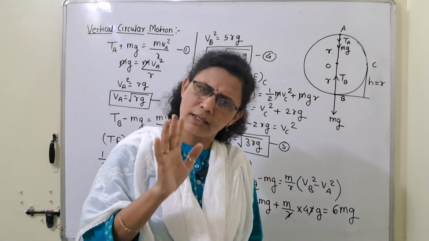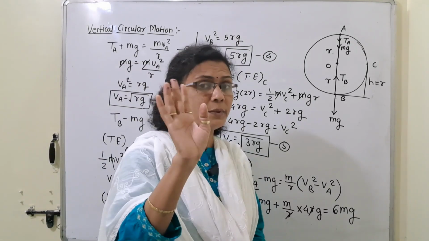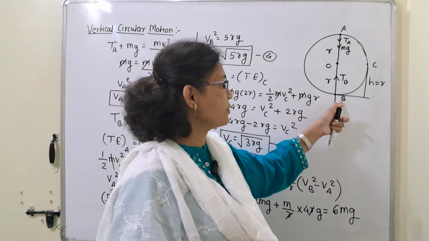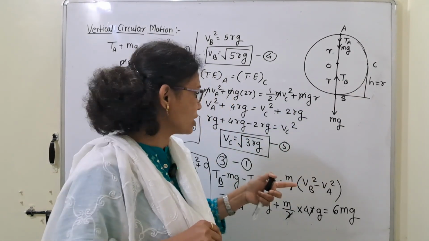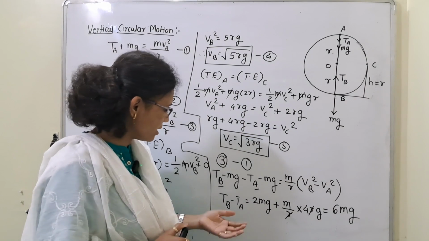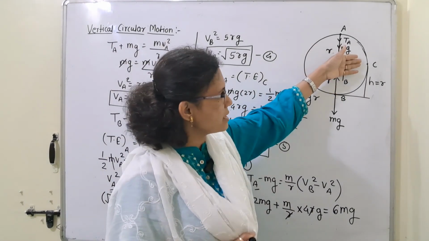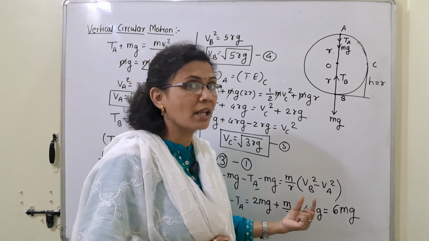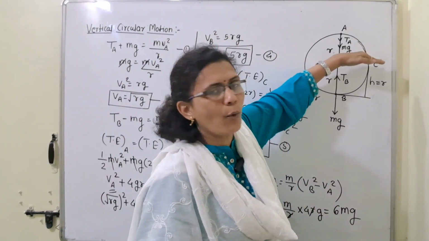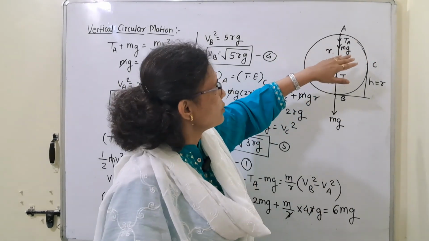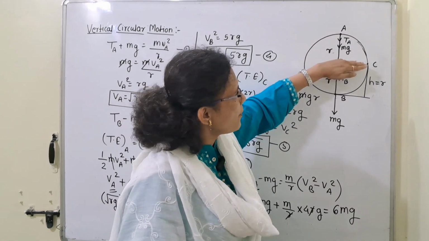See, they will ask this tension difference only. If they ask tension difference between B and C, by logic, you can give the answer that tension difference between TC and TB, that is TB minus TC, will be 3mg. See, this is the middle point, so we have to consider this half part.